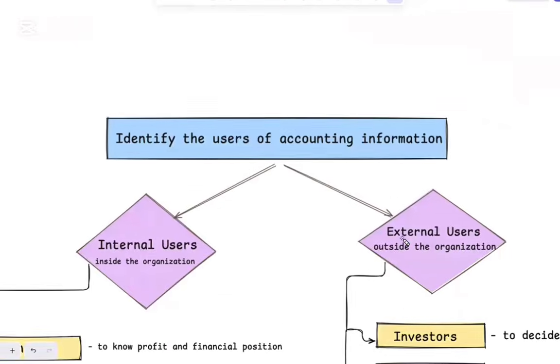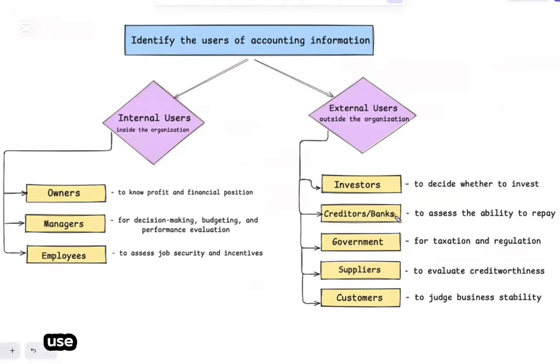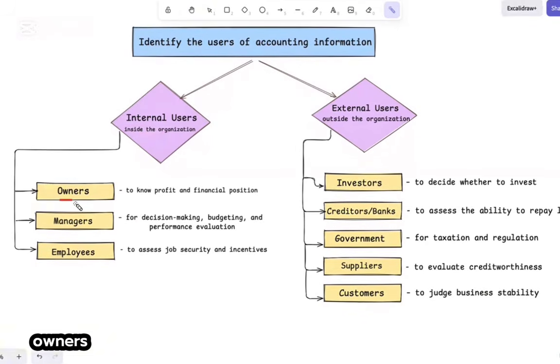Okay, let's have a look at the next one. Who uses accounting information? We identify internal users and external users. There are two main types. Let's look at the internal users. They are the people inside the organization: owners, managers, and employees.